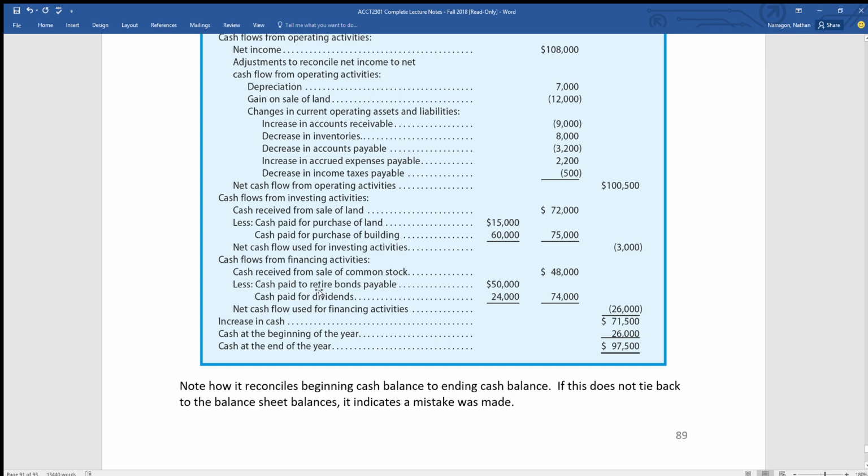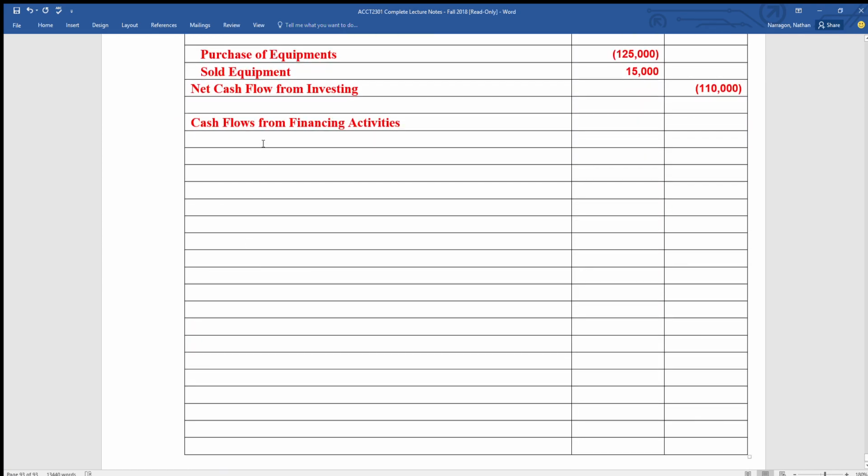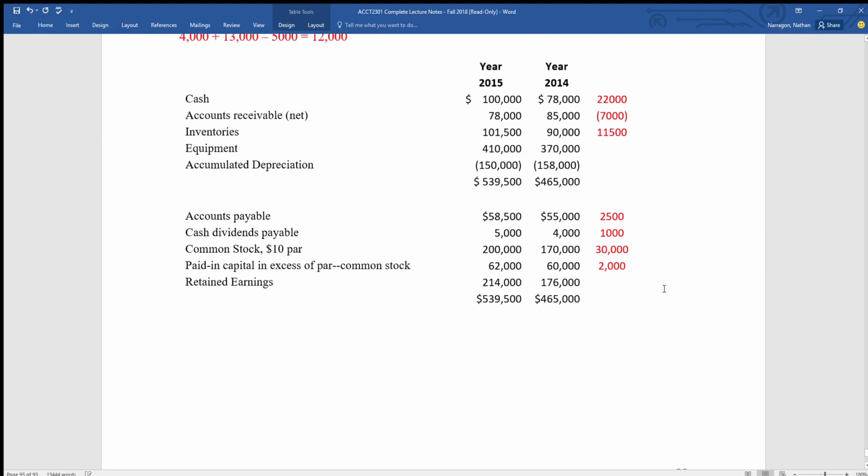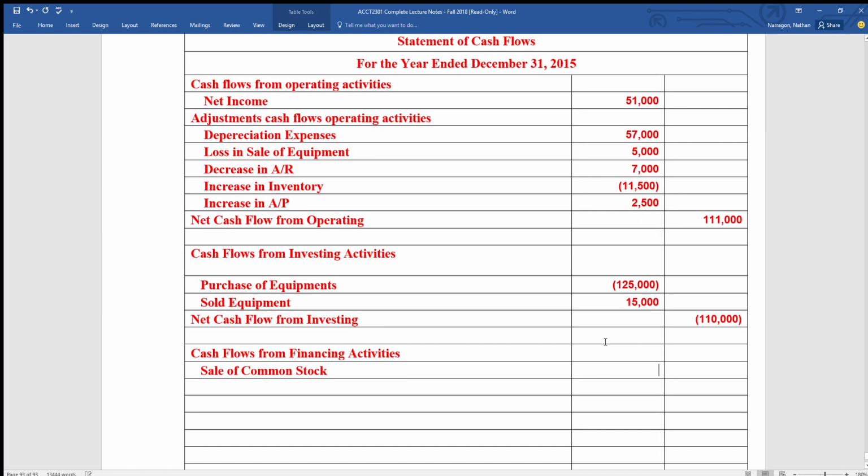Okay, so again, start off here with financing. We're going to deal with anything that we earned or paid out. So sale of common stock was a total of $32,000. That's the change. Okay. And then basically paid dividends of $12,000.